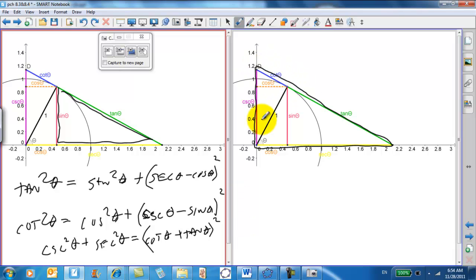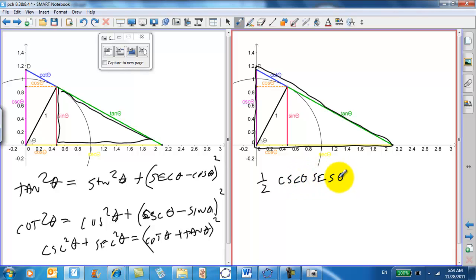But we can also look at the area of the big triangle. This big black triangle has an area equal to 1/2 cosecant times secant. But it's also equal to 1/2 the base, and I can look at this hypotenuse as the base, cotangent theta plus tangent theta, times the height, which is 1.